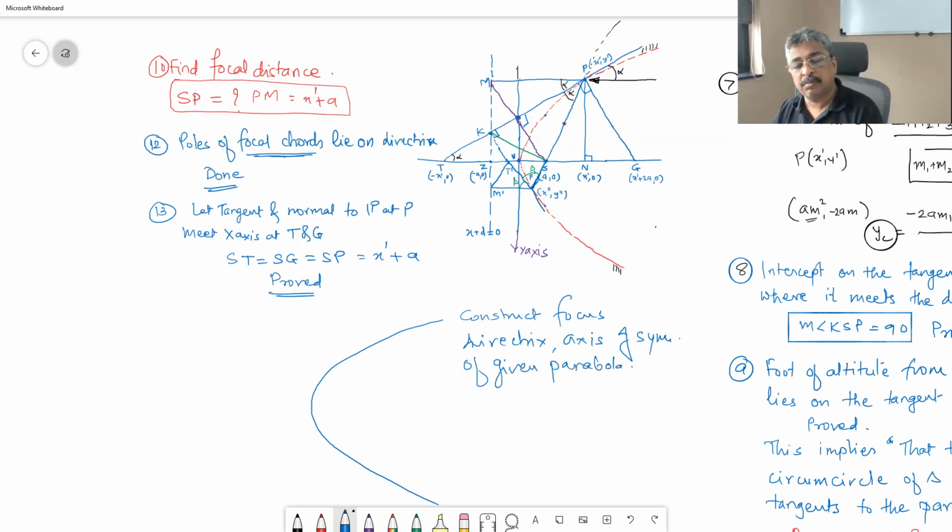Do you understand this question? Just a sketch of a parabola is given to you and it is said that it is a parabola. You are supposed to find everything about that parabola geometrically.